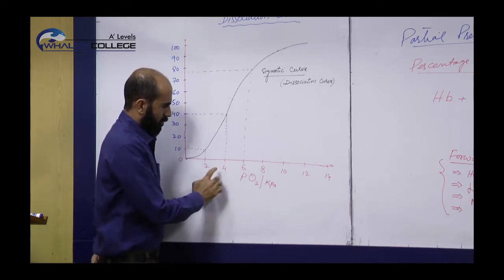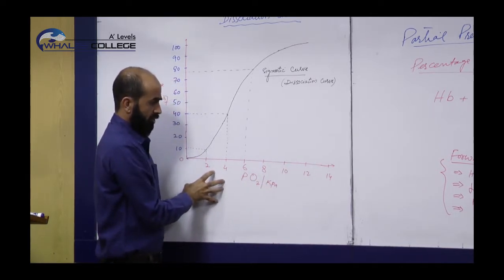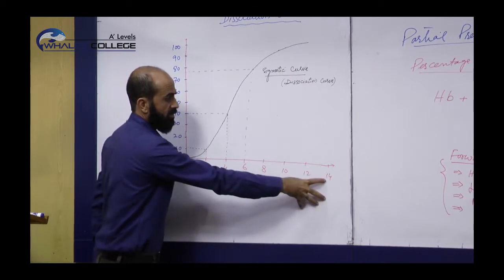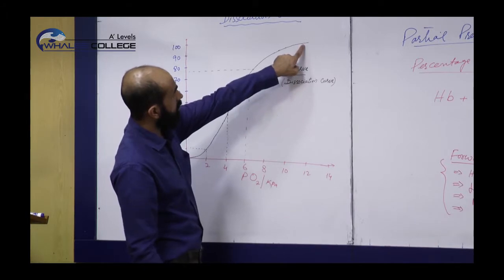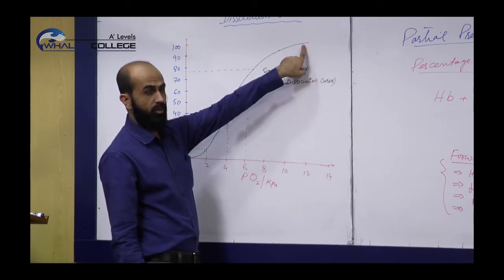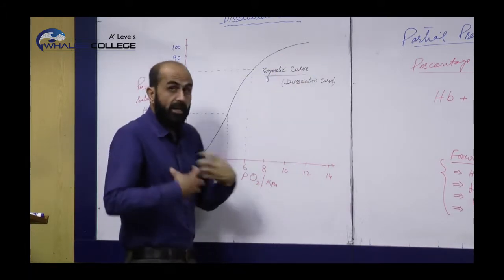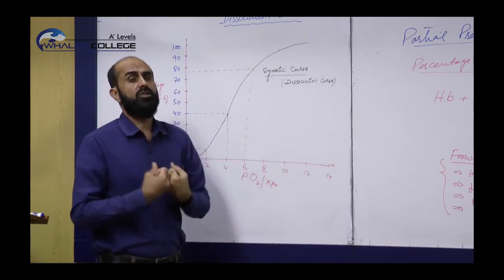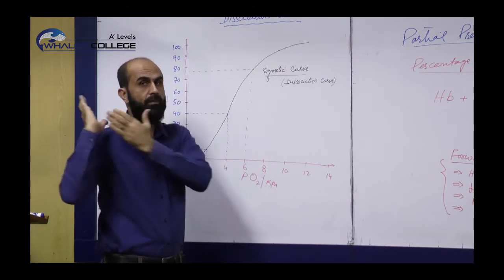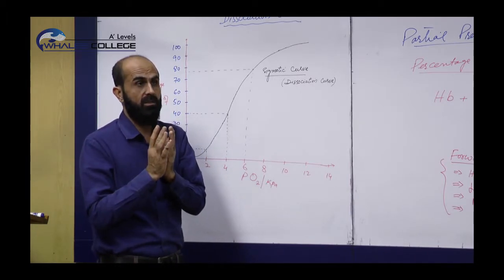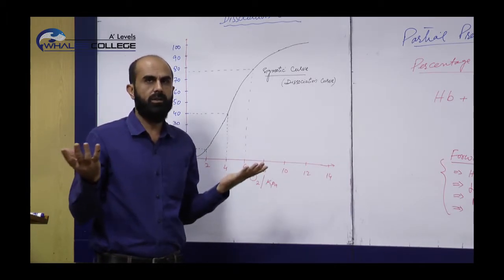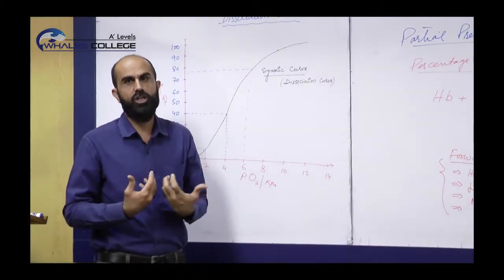Now the maximum partial pressure which I have shown in this graph is 14, but if you see, at 12 kilopascals we got the maximum saturation of hemoglobin. This is because in the lungs the maximum partial pressure of oxygen, as I told you in the chapter on gas exchange, is 11.2 kilopascals. So we cannot accommodate more partial pressure of oxygen in our lungs.